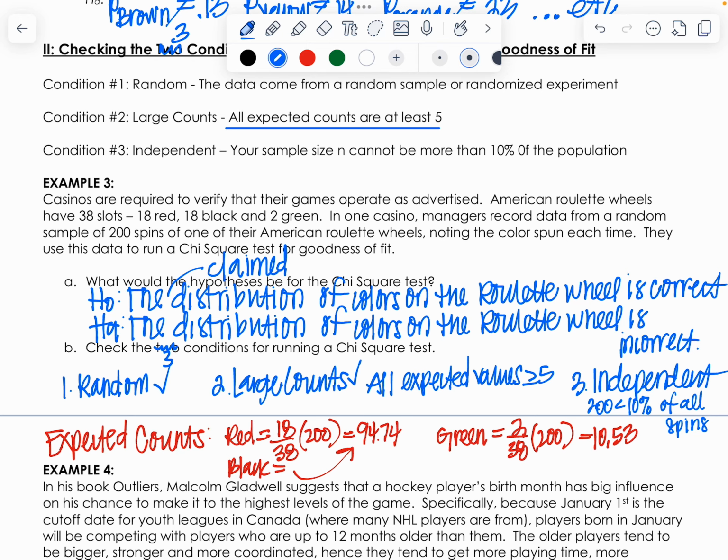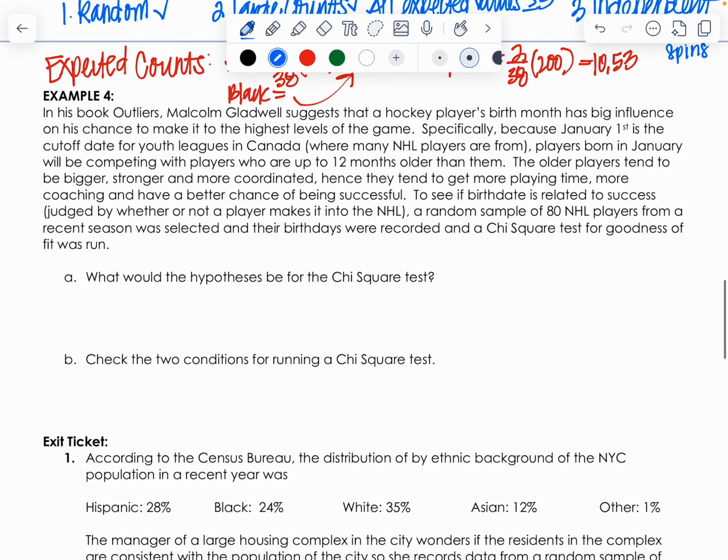All right. Moving on, in his book Outliers, Malcolm Gladwell suggests that a hockey player's birth month has a big influence on his chance to make it to the highest levels of the game. Specifically because January 1st is the cutoff date for youth leagues in Canada, where many NHL players are from. Players born in January will be competing with players who are up to 12 months older than them.